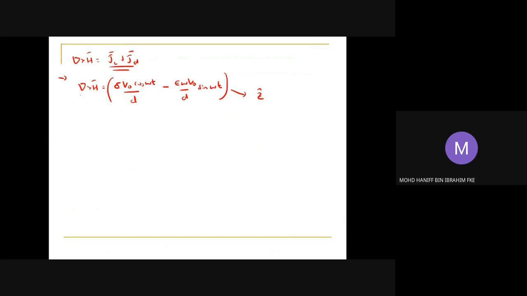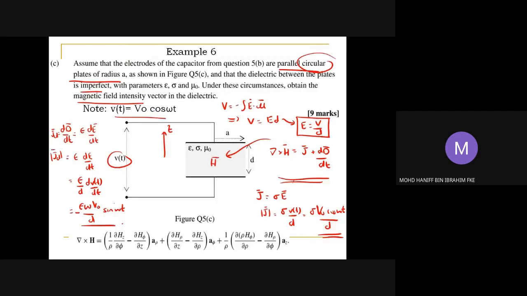Okay, so we need to evaluate the curl of H here, and the curl of H has been given in this equation. We have the curl of H in the R direction, also in the phi direction and also in the Z direction.